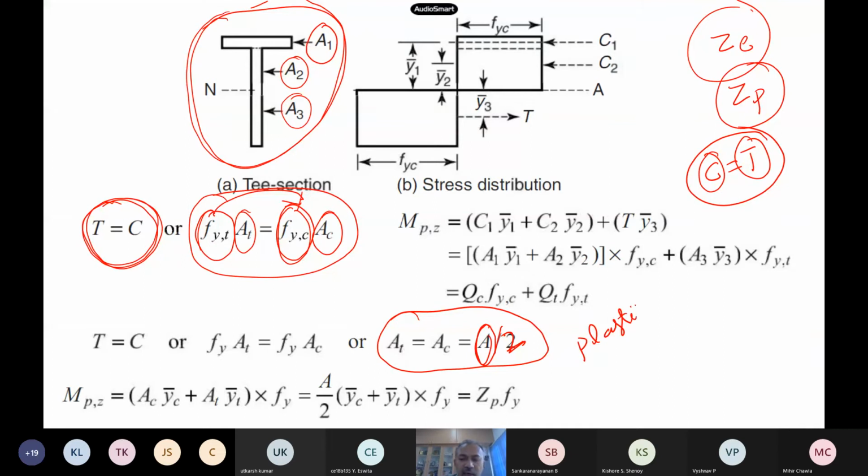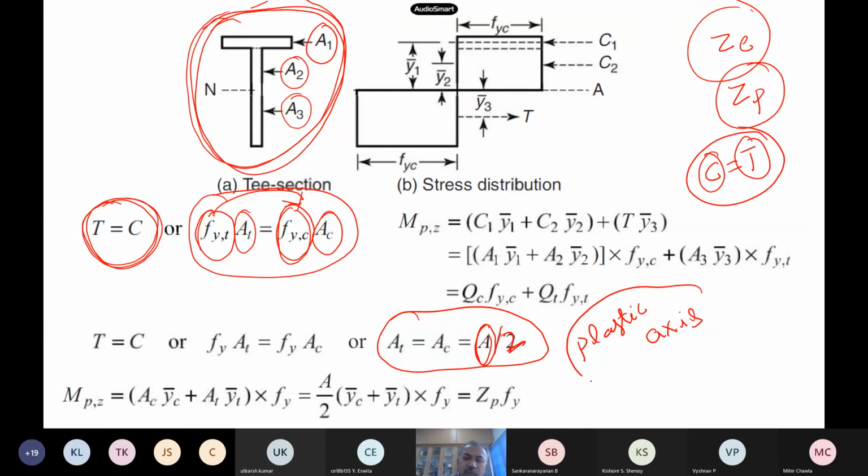So to find the plastic axis, I know the total area of my material, and I have to find the place where the area becomes exactly half. The top and bottom areas should be exactly the same. This automatically becomes the plastic axis.